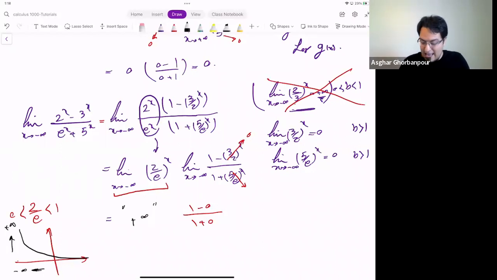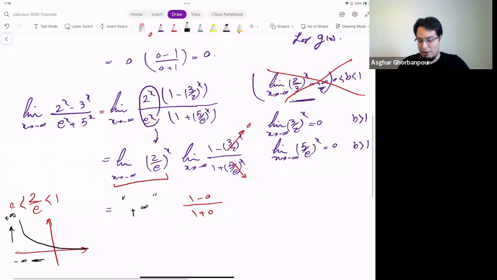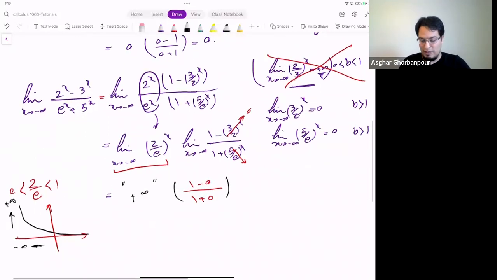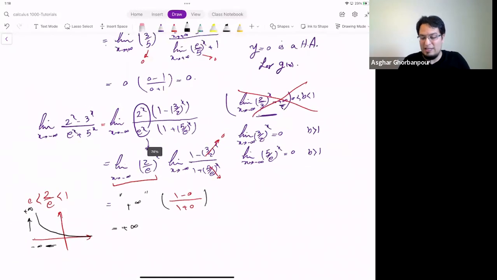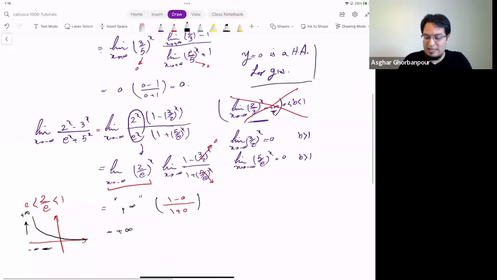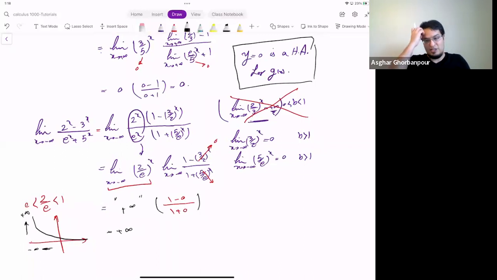And if I have a number which is growing bigger and bigger, multiplied by a number very close to 1, we get plus infinity. That means that when x approaches negative infinity, we won't have any horizontal asymptote. So this is the only horizontal asymptote that we have for this function.